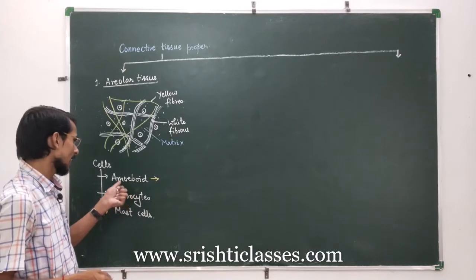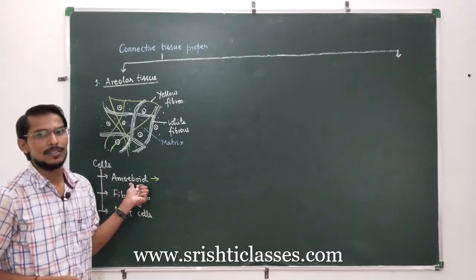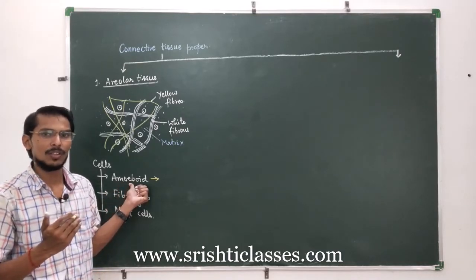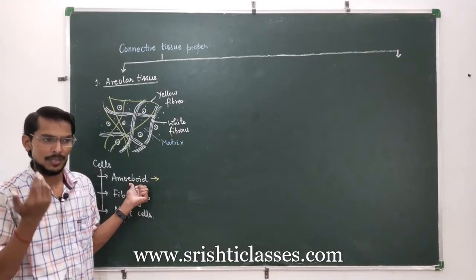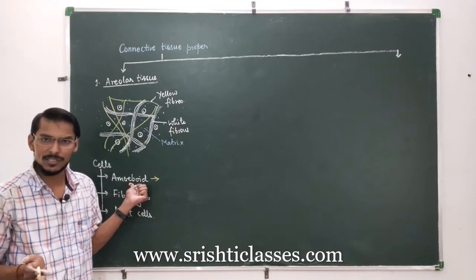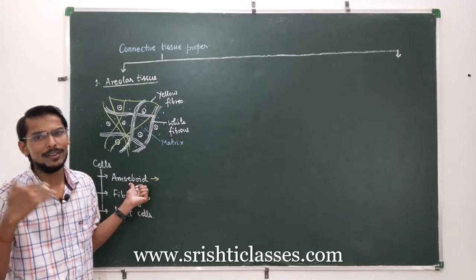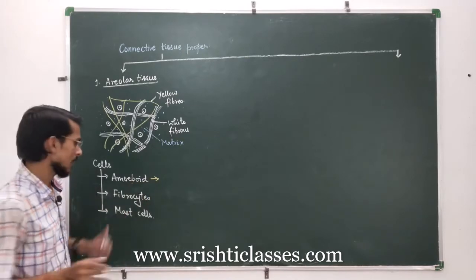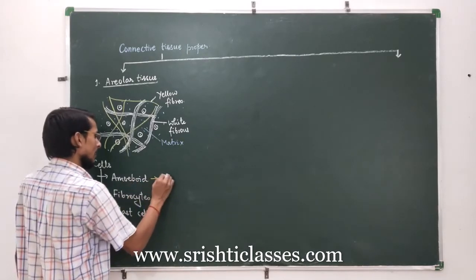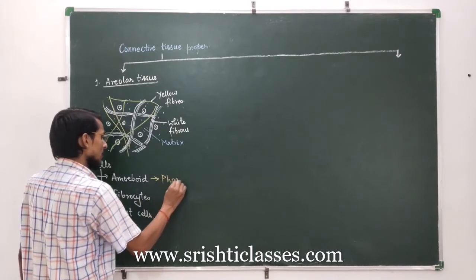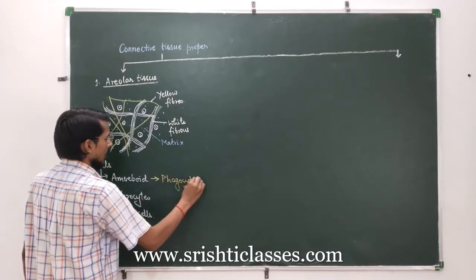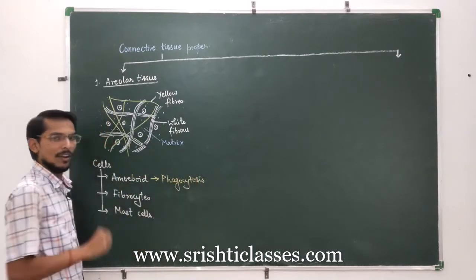So we can think that these amoeboid cells are mainly responsible for the protection of our body or that particular structure from foreign disease causing organisms. Okay, so they are amoeboid, they are related with phagocytosis, direct engulfing of the organism.